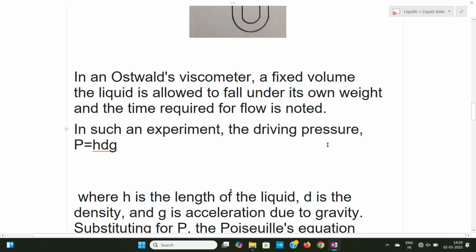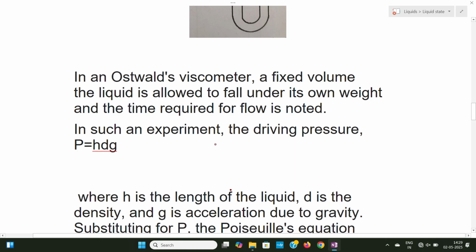From Poiseuille's equation, we find the coefficient of viscosity. In the Oswald viscometer experiment, there is a driving pressure, which we can calculate as hdg. How does this hdg come?